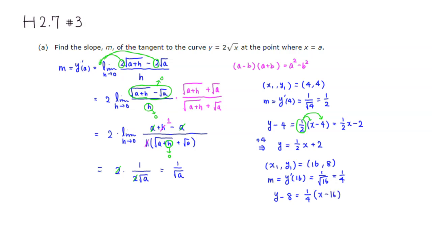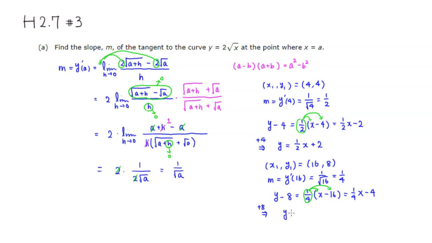Right, as before, I'm going to distribute a quarter to x and then the negative 16. We're going to get 1/4 x minus 4. And then we can simply add 8 to both sides so that we can isolate y.